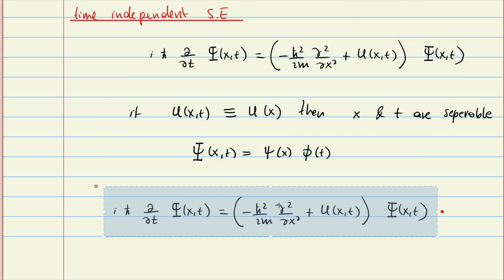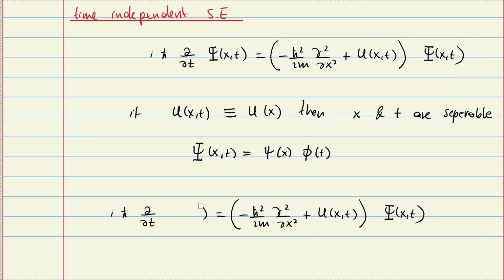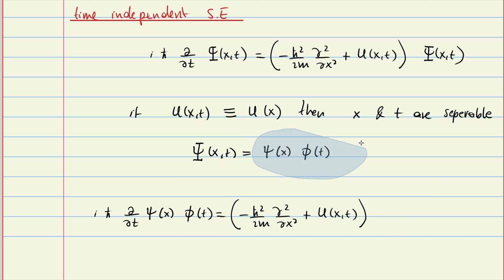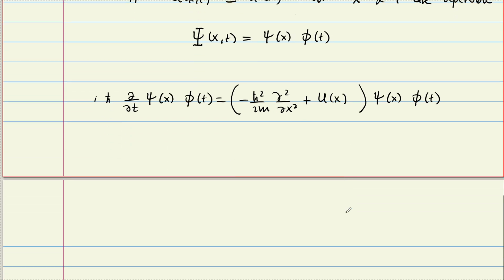So I'm going to copy this equation, and whenever I see psi of x comma t, I'm going to just paste this object. And now here there's no more t, because that's the assumption. I assumed it is time independent. Now I have two derivatives.